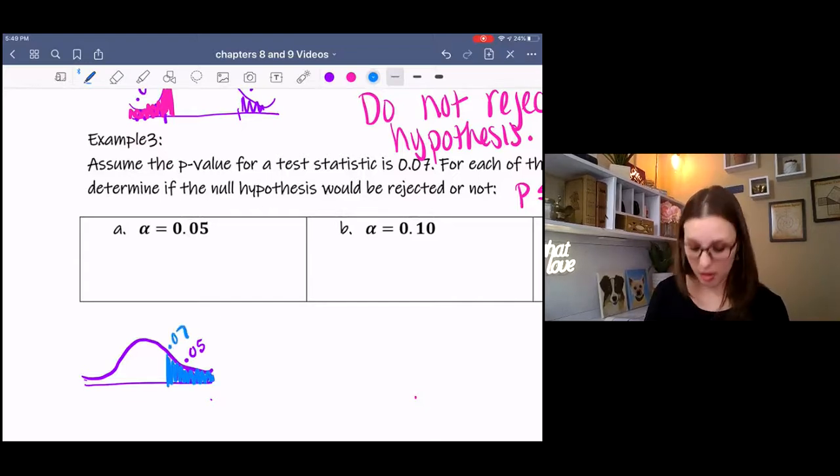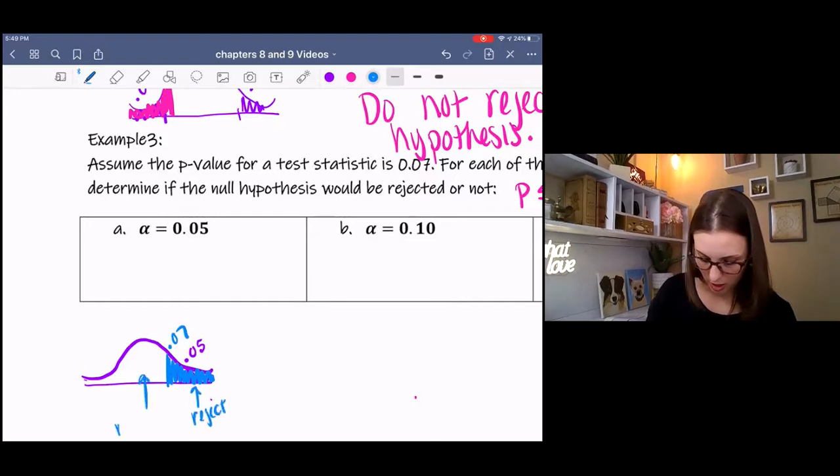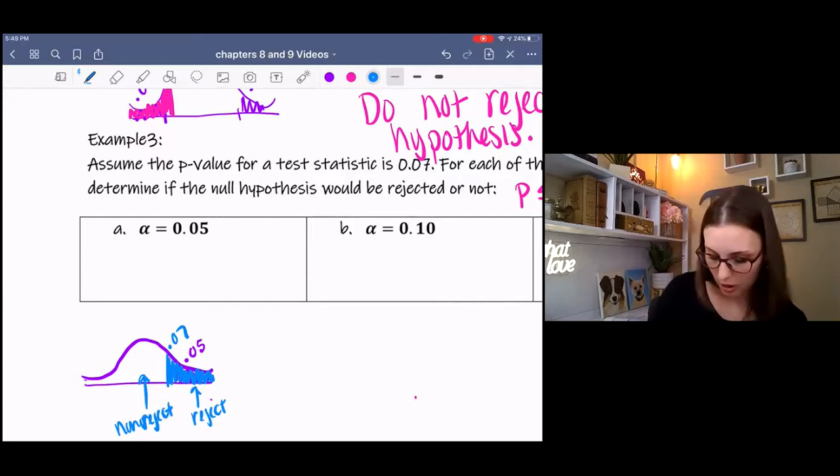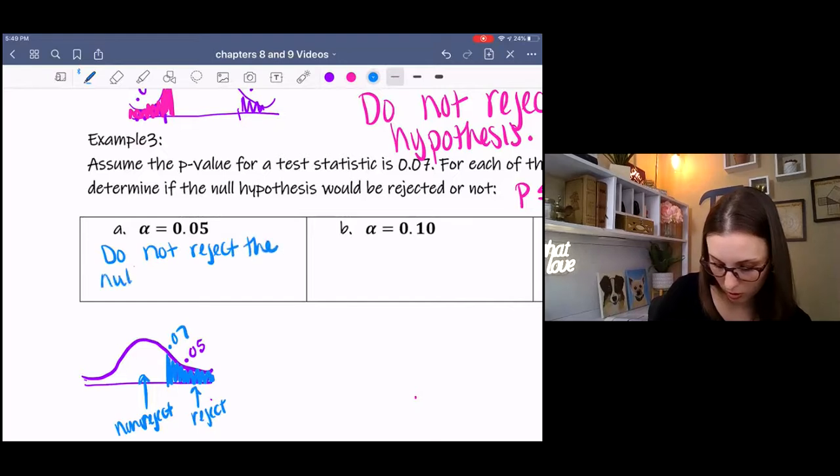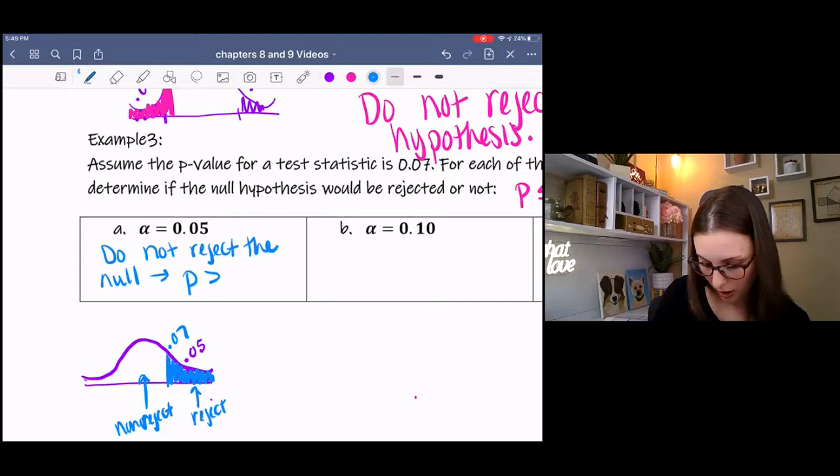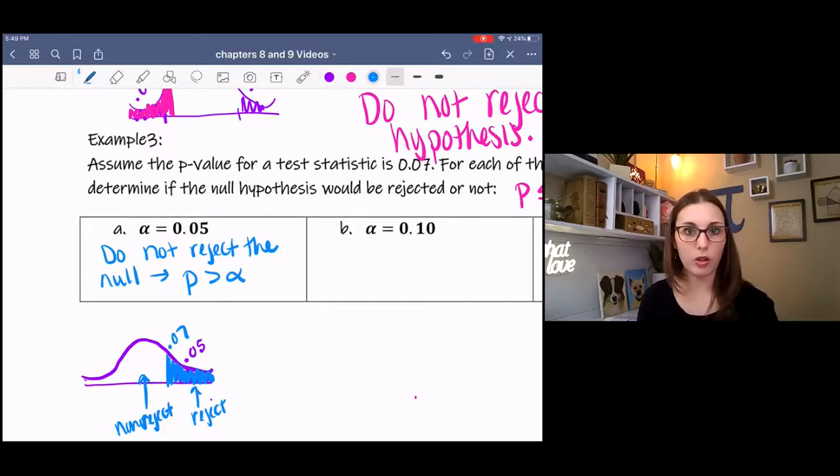So that puts it in the non-reject region. So we do not reject the null because p is greater than alpha. The probability of getting that test statistic was outside of our rejection region.